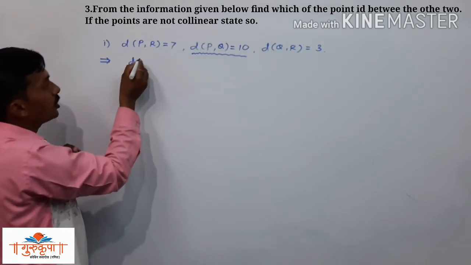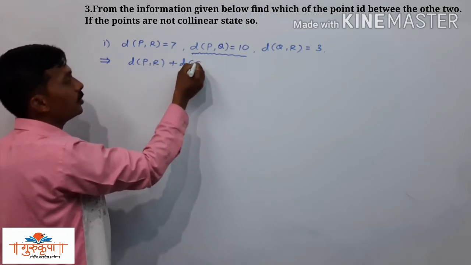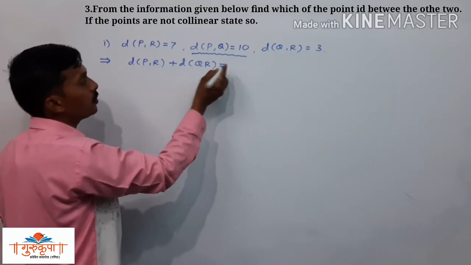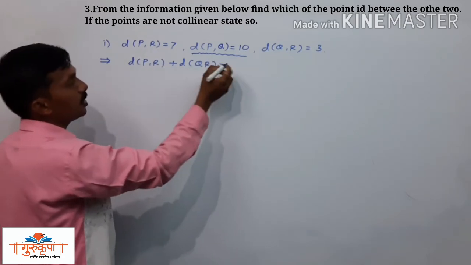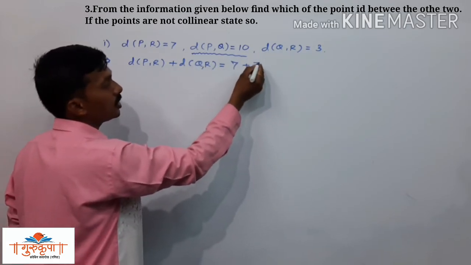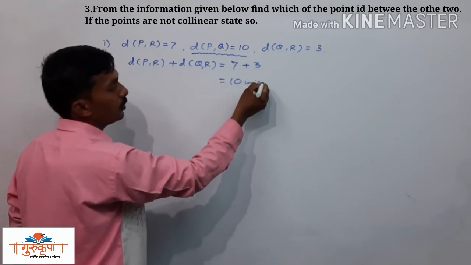So we will write distance PR plus distance QR is equal to, distance PR is 7 units plus distance QR is 3 units. So 7 plus 3 is equal to 10 units.